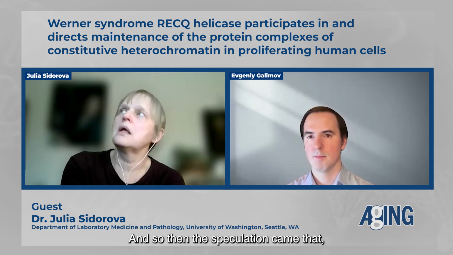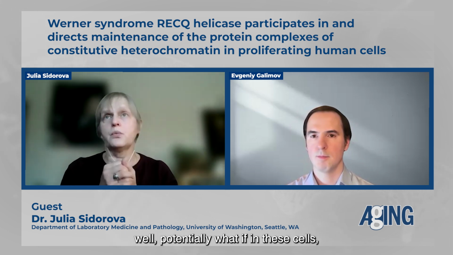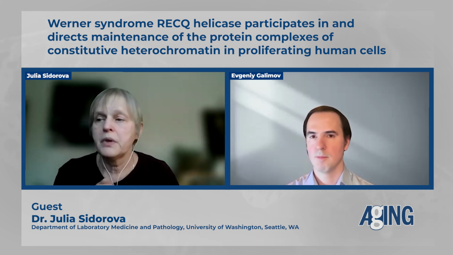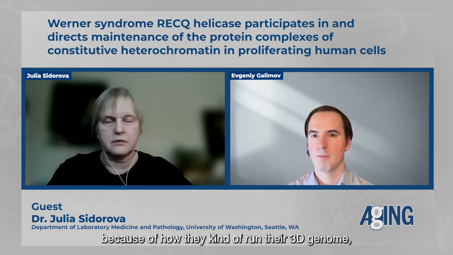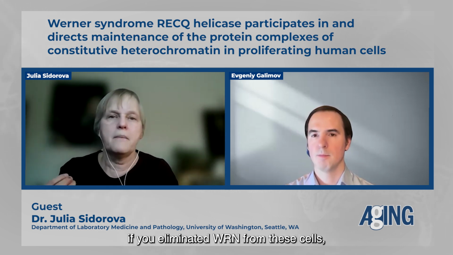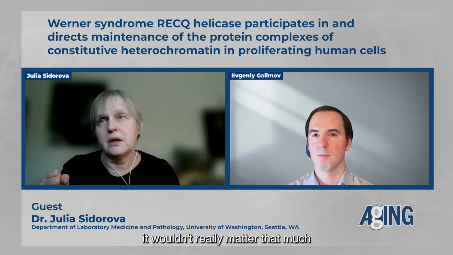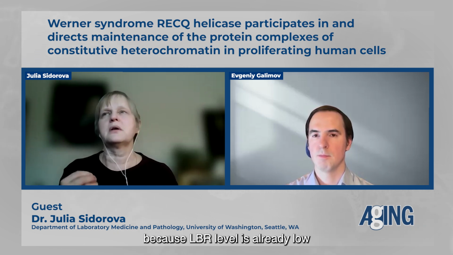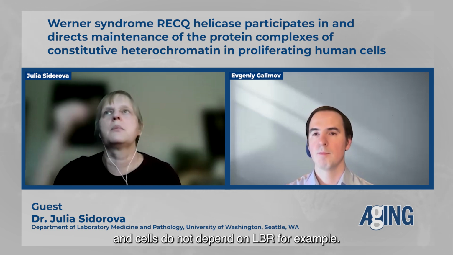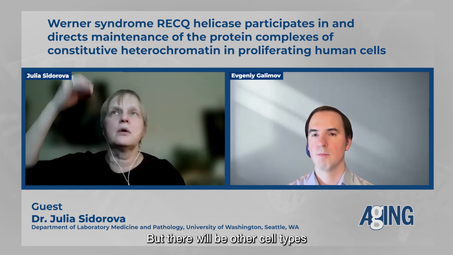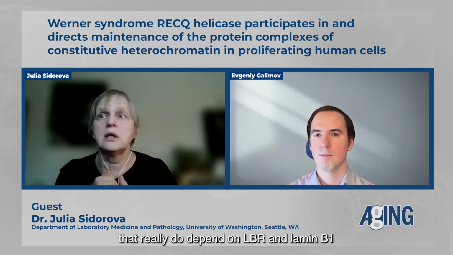So then the speculation came that, because of how they run their 3D genome, if you eliminated WRN from these cells, it wouldn't matter that much because the LBR level is already low and the cells do not depend on LBR. But there will be other cell types that really do depend on LBR and Lamin B1.